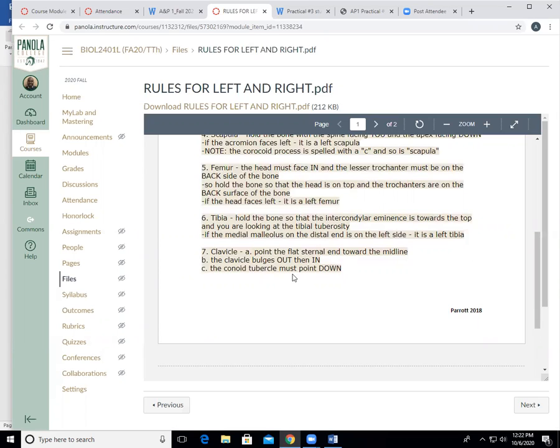This one, sternal end here, bulges out and in, so the acromial end is facing the right side. So that's how you tell whether it's right or left. And you'll get 1 or 2 questions. You don't necessarily have to worry about this for the quiz, because again, the quiz is just on axial skeleton. But for the exam or the practical, you'll have a couple of questions where they'll ask you, is this a left or right bone?